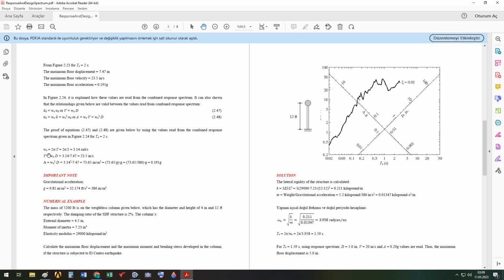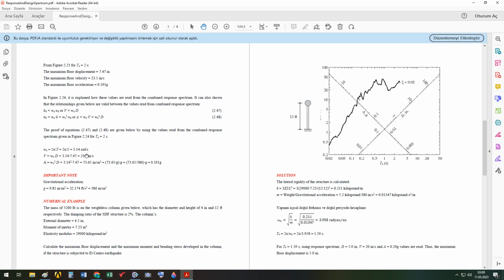Now here, omega n is calculated. These values are obtained for Tn equal to 2, where the damping ratio equals 2%. So we know the maximum floor displacement is this much. If I multiply this with omega n, I will obtain the maximum floor velocity.